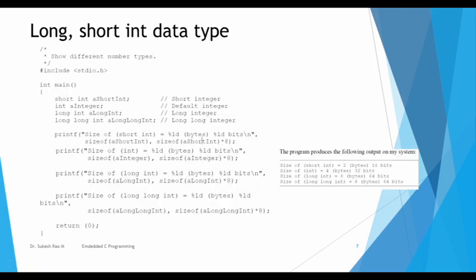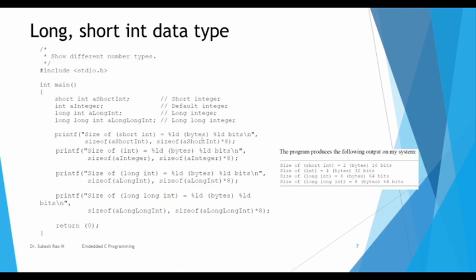Now let's come to some of the data types: long, short, int. Let's check out what that data type is. It depends. If you are working on a particular compiler, you can just find out what the data type is. So let me show how this program works.